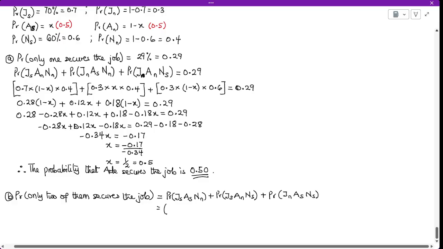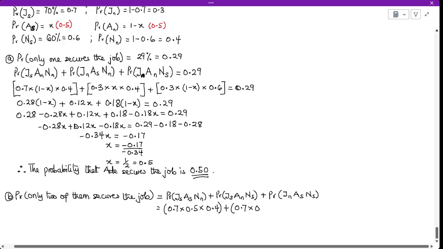So let's put everything together now that we have the values of X. John securing the job is 0.7 times Ade securing the job is 0.5. Then the last one, Ngozi not securing the job is 0.4. So this gives us the first bracket. The second possibility, we have John securing the job, which is 0.7.